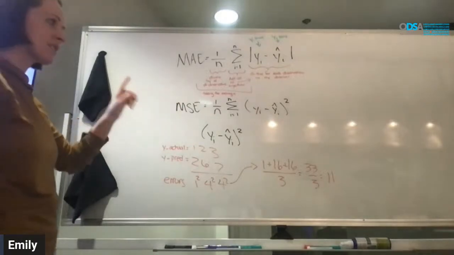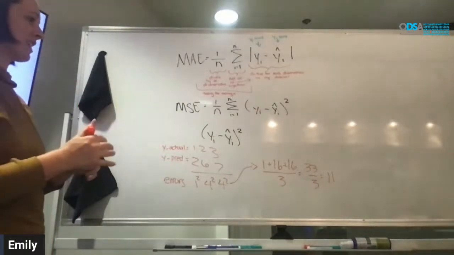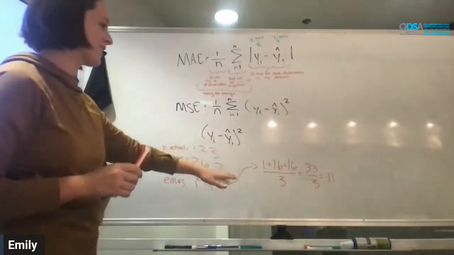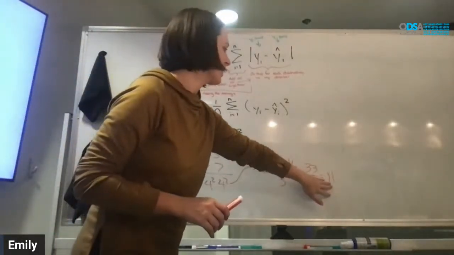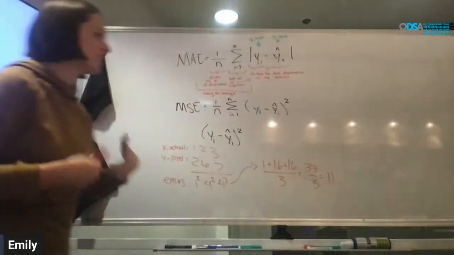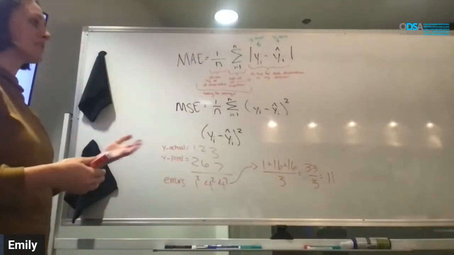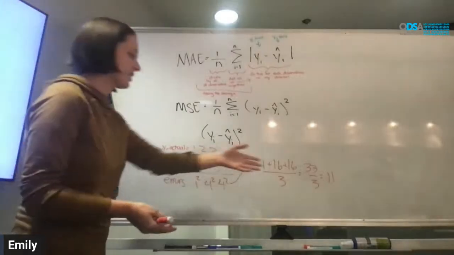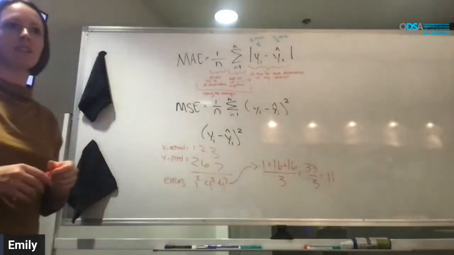So notice, I'm glad you caught me there, because I was scrunching my face because I was confused. What I wanted to say when we got to the end of this was, notice this is not in the same scale as the variable that we're measuring here. It's hard to tell here because 11 is kind of close to 7 or something.